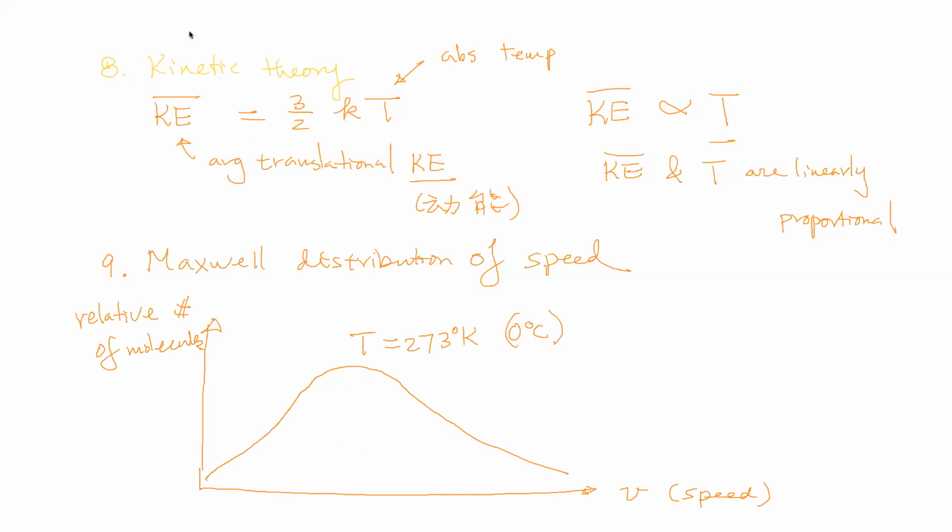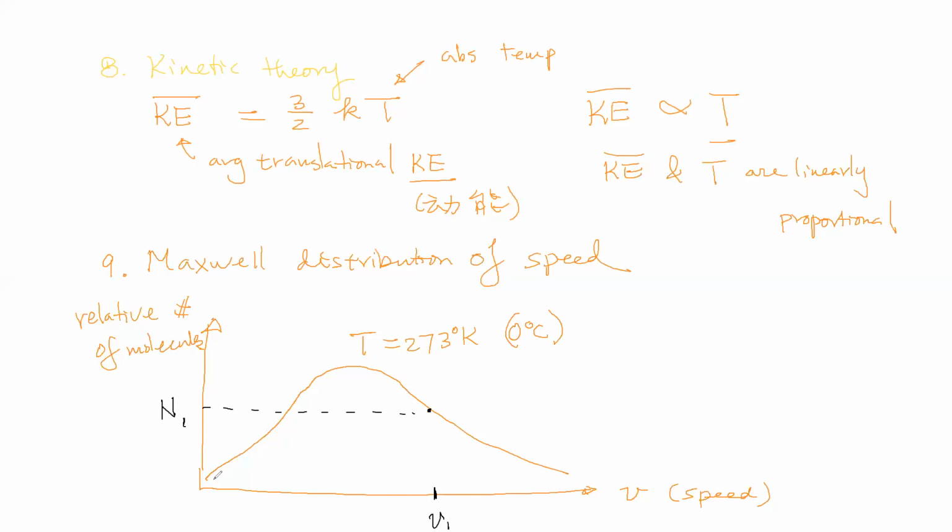And when the temperature becomes higher, it means that you have more molecules at higher speed. So if you look at this speed here, on the higher side, before you have this number here, the number of molecules at this speed, some kind of n for this particular speed, say V1. So you have the N1 right there. Then when the temperature increases, this number will increase.